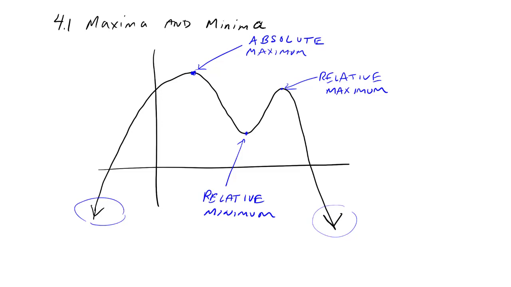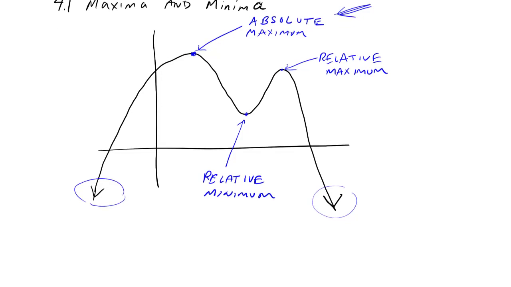Now, yes, it is true that the absolute maximum is also a relative maximum, because what we're talking about with these relative max and mins is: is it the highest or lowest point for some interval around it? And certainly that one is.